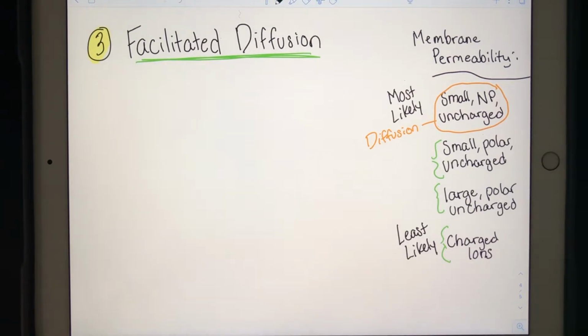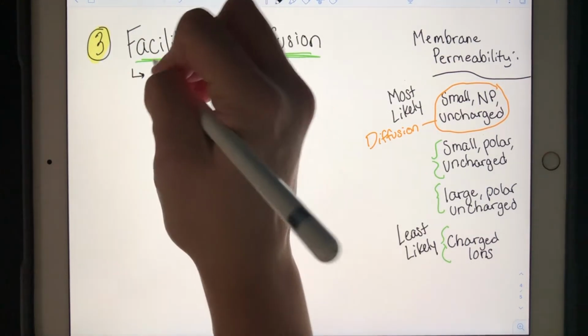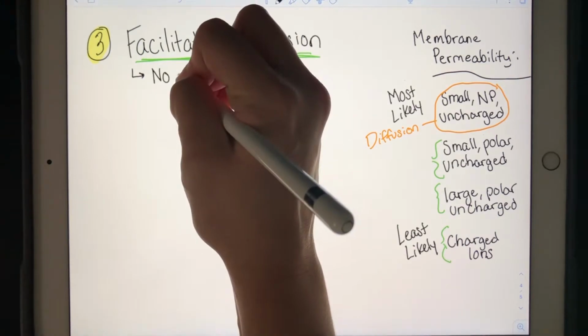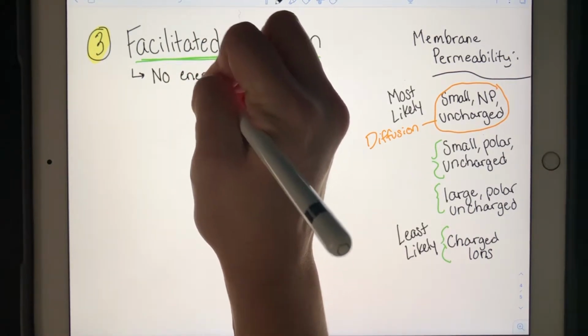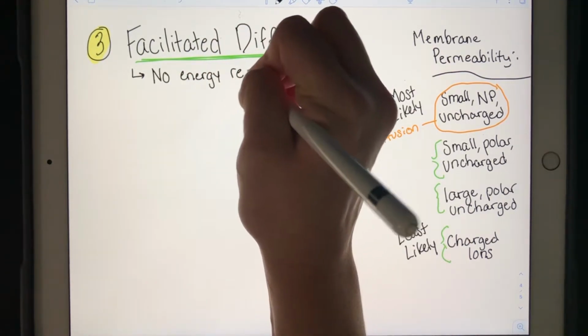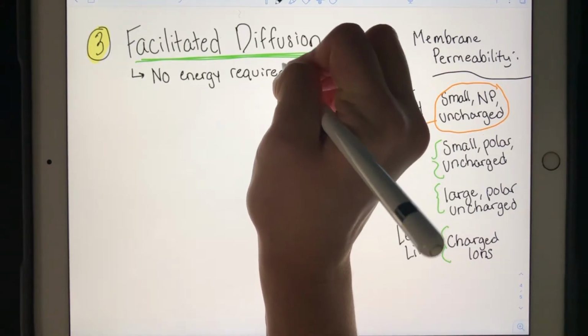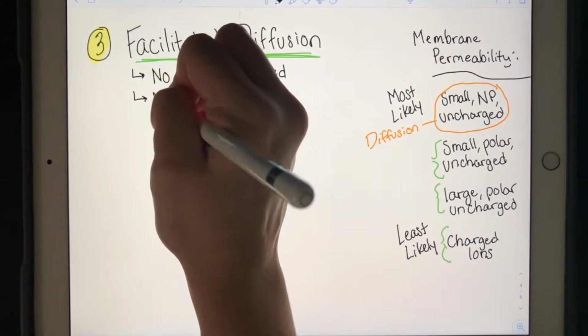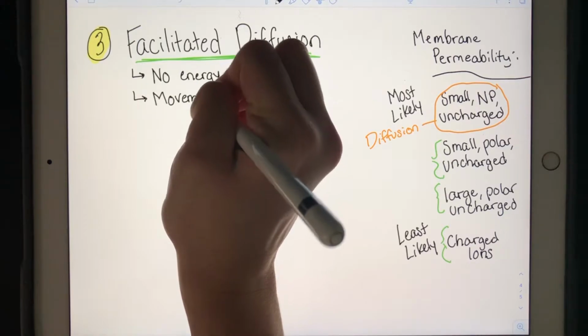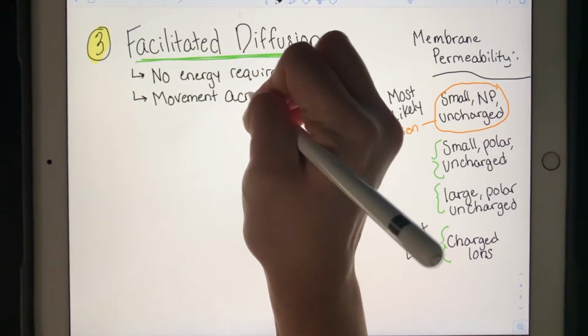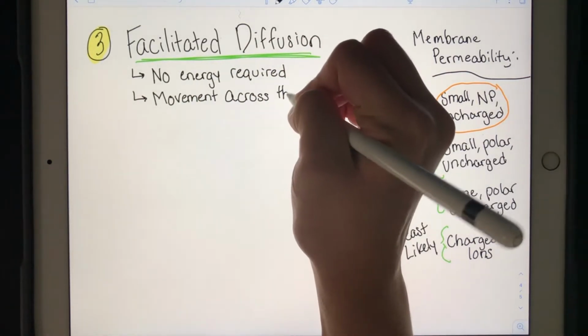So let's give ourselves a definition of facilitated diffusion. Remember, I'm going to write this again. There is no energy required for this to happen. And because it's diffusion, we're going to have movement across the cell membrane.